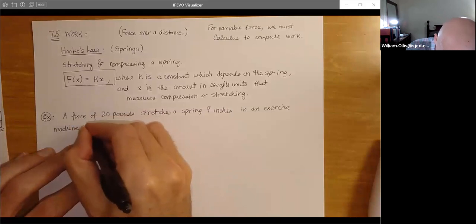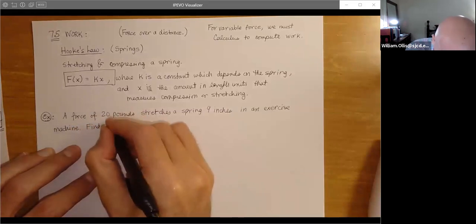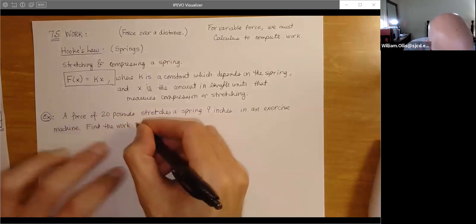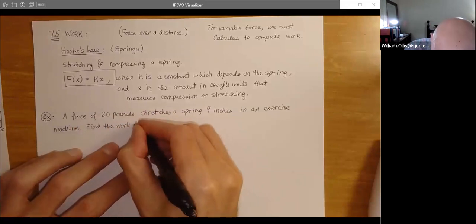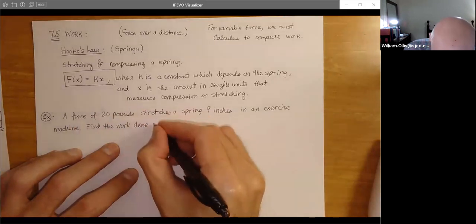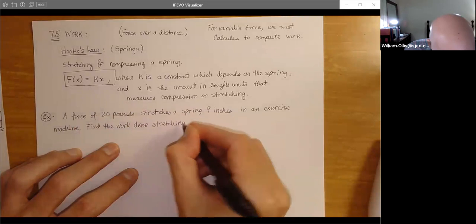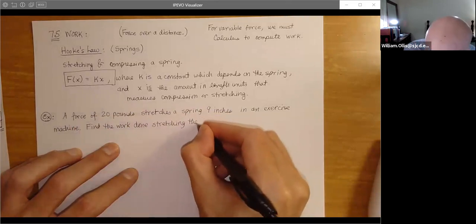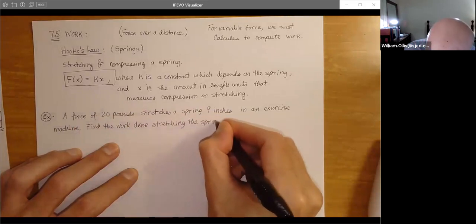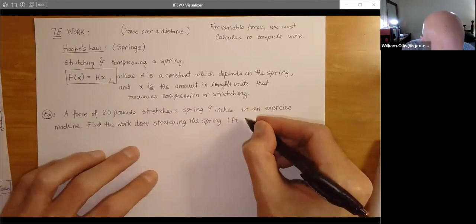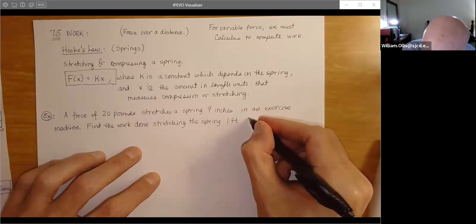Find the work done stretching the spring 1 foot from its natural position.